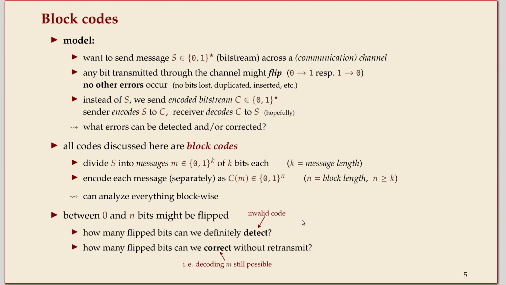So let's keep in mind the k and n. That's the length of the message, and that's the length of the block. So usually k is a good bit smaller than n, and obviously (n minus k) divided by k, that's the redundancy.